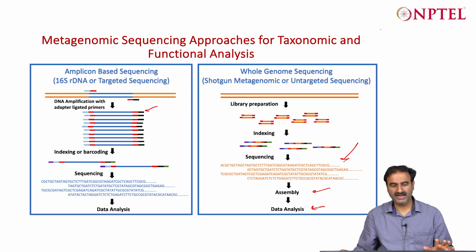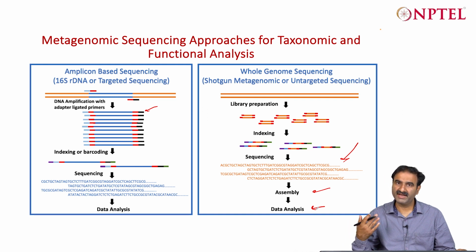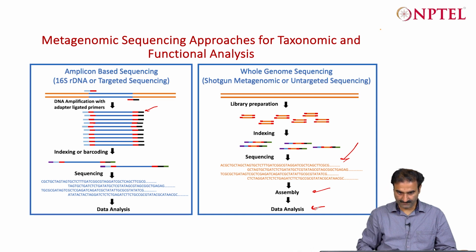So in the amplicon-based approach you are trying to identify only what organisms are there, whereas in the metagenomic approach you also get access to the entire genetic material, the genes, including the markers in the metagenomic DNA.